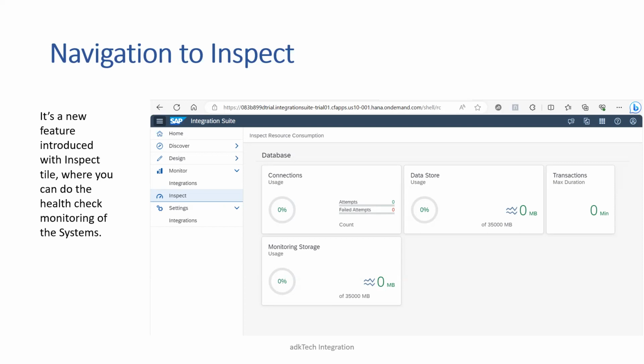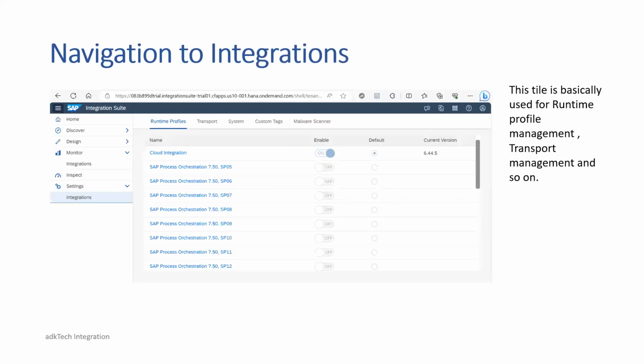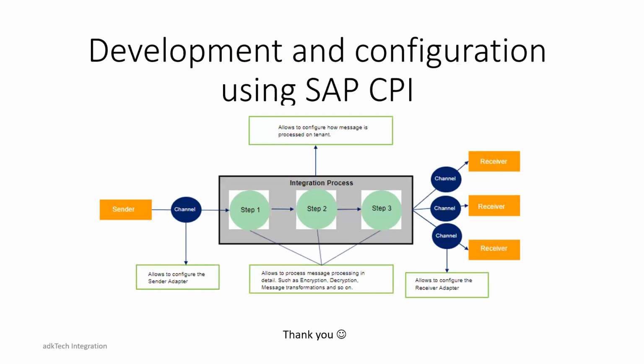Later on, there is Settings. Settings is basically used for the runtime profile, transport management, etc. But we are on a trial account, so we don't have a lot of features enabled here. So these are the different tools: Discover, Design, Monitor, Inspect, and Settings, which are there for our CPI development. These are the main features of the WebIDE.